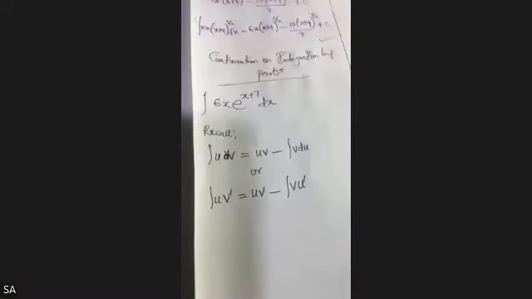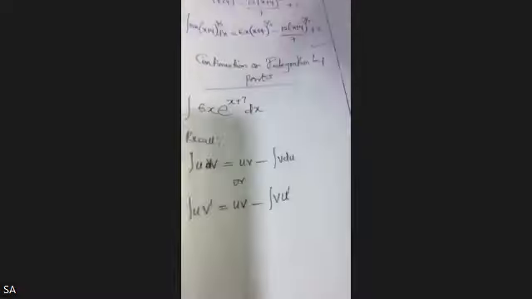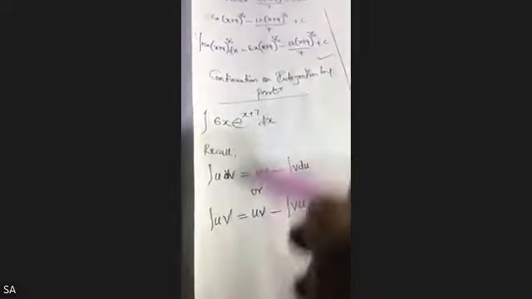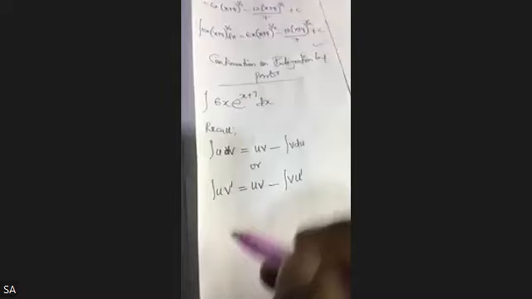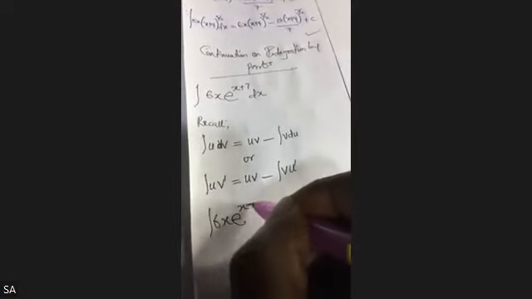Now the next thing I want to say, very importantly, is that when a question is given, remember the question is equal to the left-hand side. So from here, let's solve this question. We have the integral of 6x e to the power x plus 7 dx. So class, let's follow the formula.